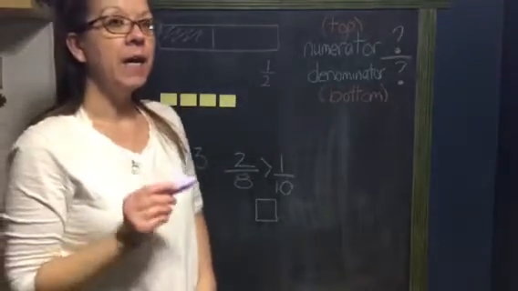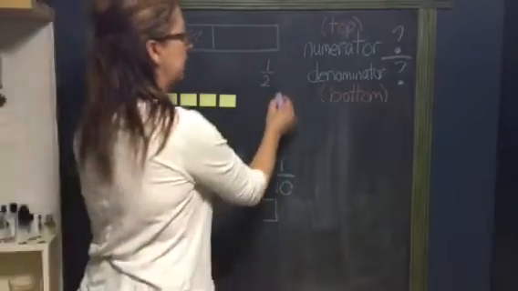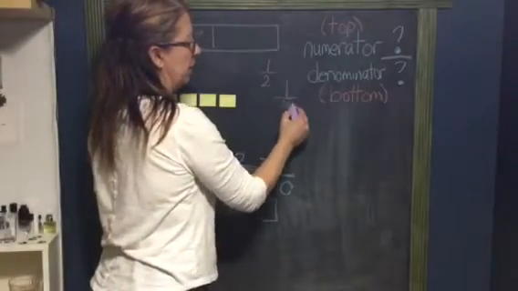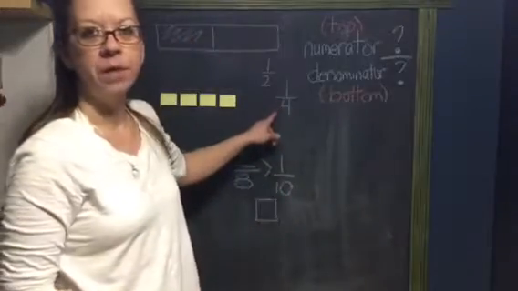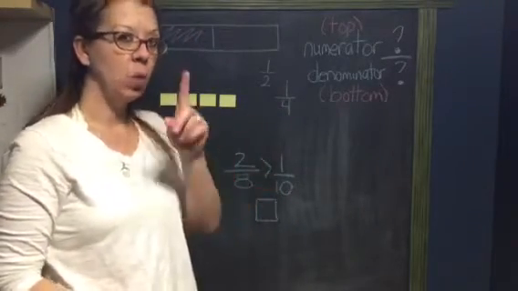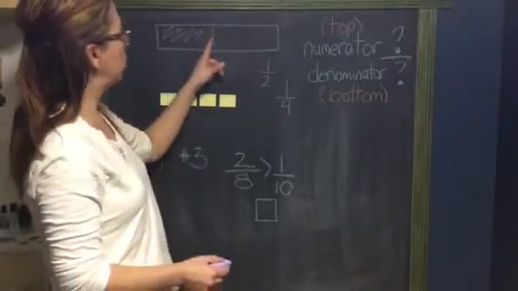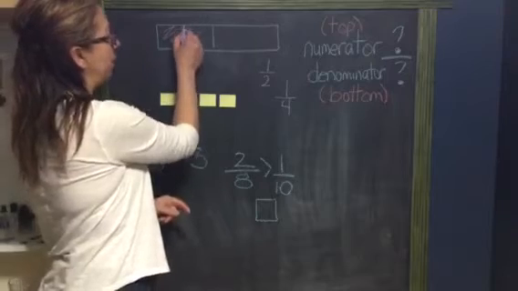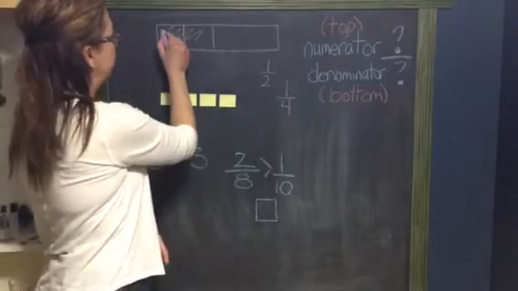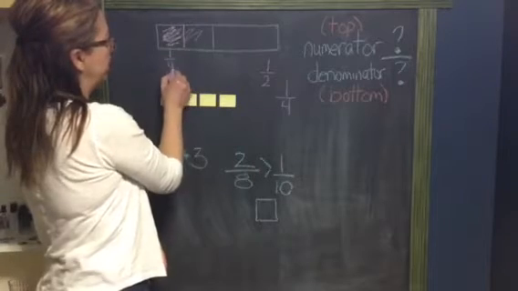If I ate a quarter of the chocolate bar, this is a quarter. Sometimes we say this is 1/4. Most people say a quarter. So when I think of 1/4, 1/4 is half of the half. So this right here would be 1/4.